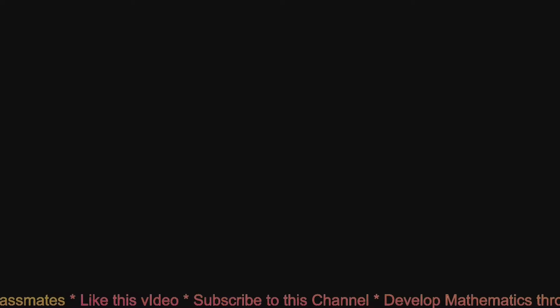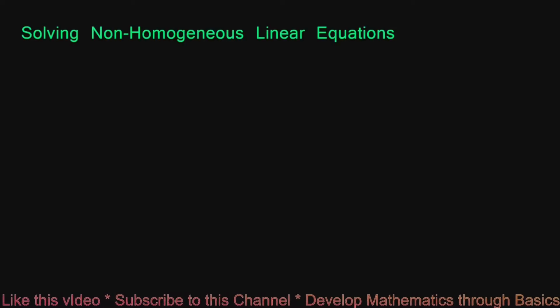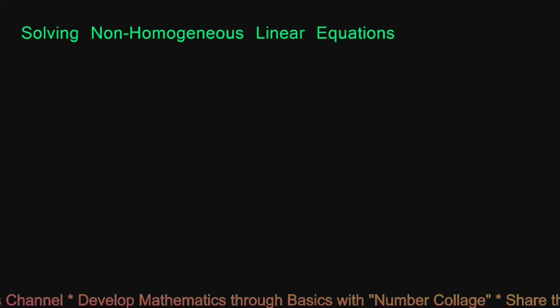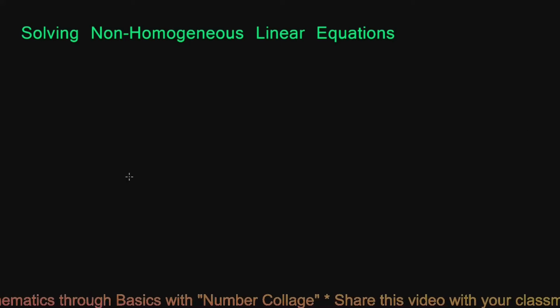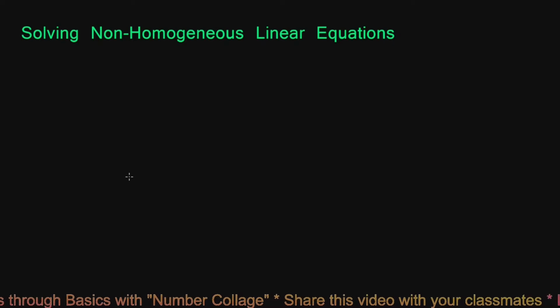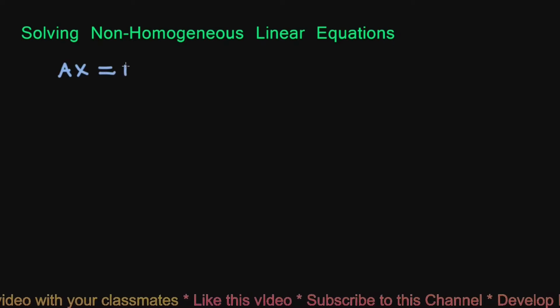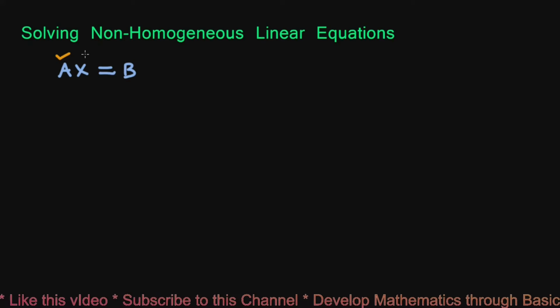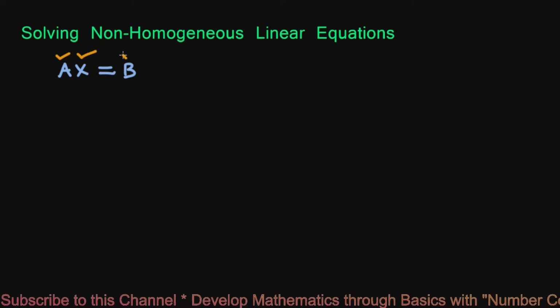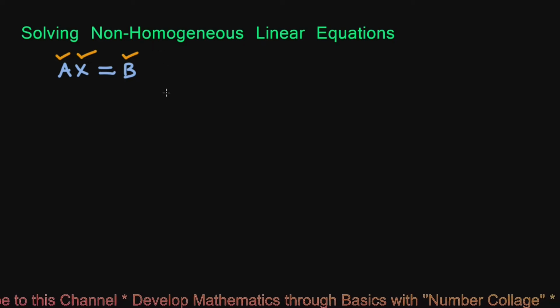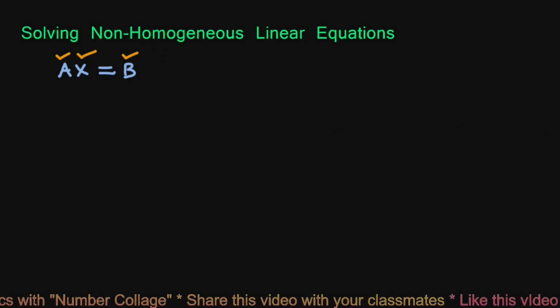Now we will see what are the things involved in solving non-homogeneous linear equations. Consider a system of non-homogeneous linear equations written in the matrix form as Ax equals b, where A is the coefficient matrix, x is the matrix of unknowns, and b is the matrix of constant terms. Now we have basically two cases.